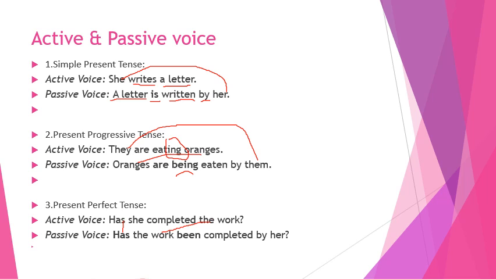The helping verb will come first at the start of the sentence, and then the addition of "been": Has the work been completed by her? Third form of the verb, use of "by," and "she" is converted into "her," because this pronoun is in the subjective case, and here it changes into the objective case.